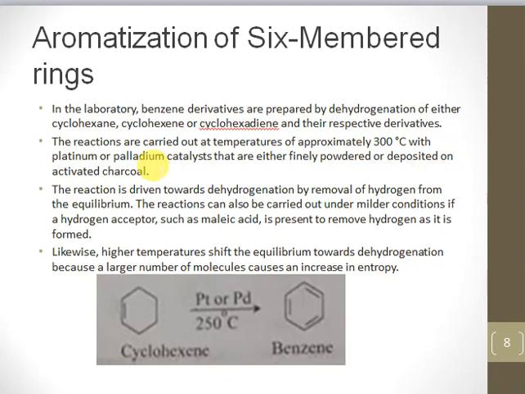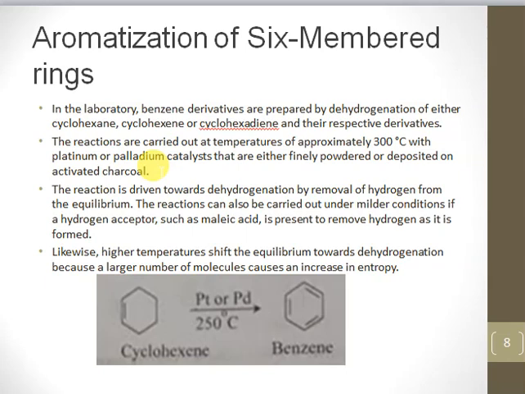Why do we use powdered catalyst or the catalyst deposited on activated charcoal? Because in this case the surface area is enhanced, so with greater surface area the reactions work well. If you use a solid catalyst, then the surface area is lower, and because of the lower surface area, the reaction does not work well.